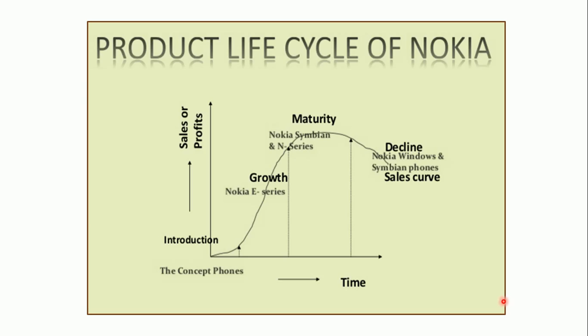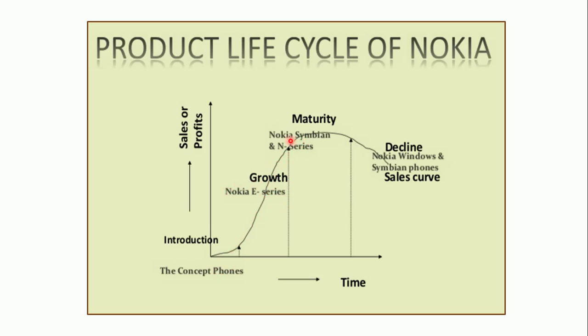Here the life cycle curve shows the standard curve of the Nokia mobile phones. They were introduced with concept phones, generally called basic phones, in the introduction phase. Then at the time of growth they introduced the E series mobile phones. These are again basic, but an advancement of the basic mobile phones.